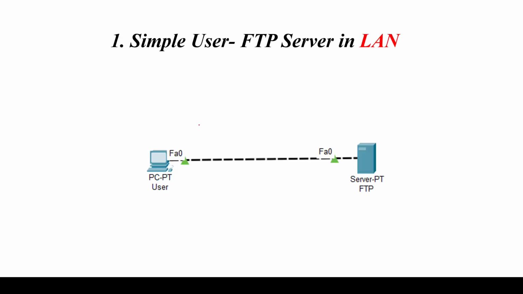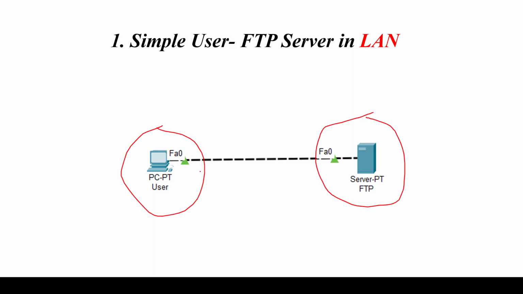So here you can see this is the simple topology. There is a user, there is an FTP server. Here we are going to assign IP addresses, for example 192.168.1.1, and the same way 192.168.1.2.